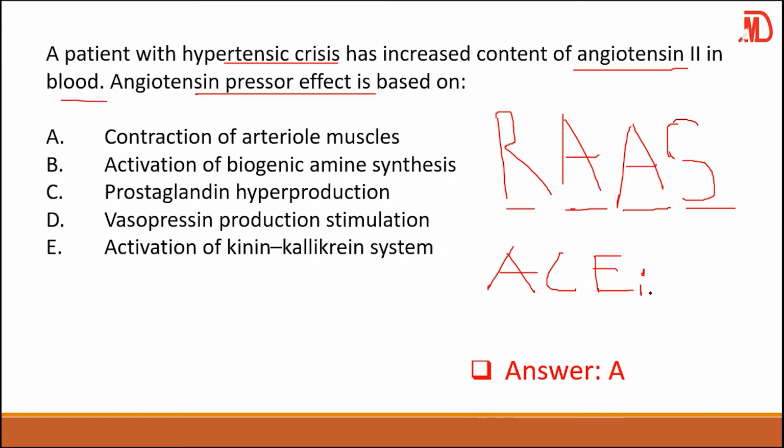And don't forget, we mentioned something about the macula densa, right? Yes, you can remember it. We said macula densa senses sodium ion concentration. And when sodium ions are decreased, this renin has to go.